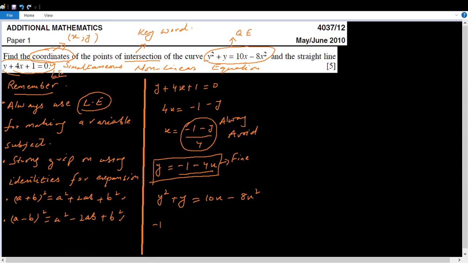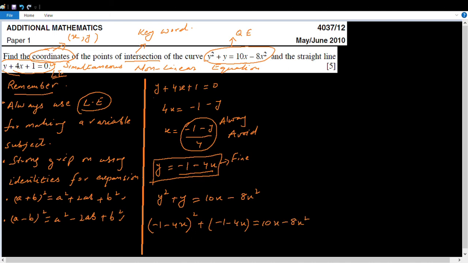Basically this is a, minus 1 is a here, and minus 4x is b, so (minus 1 minus 4x) square equals 10x minus 8x square.